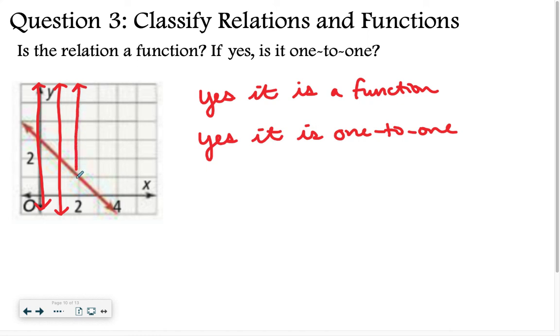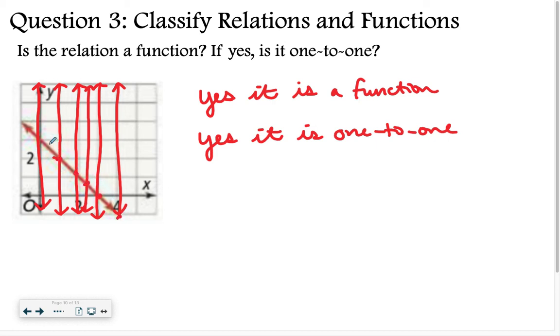So you can see it doesn't matter where I draw my vertical lines, this is only going to hit the graph one time in any given location, even if I went in between my two numbers. See, it only ever hits once.